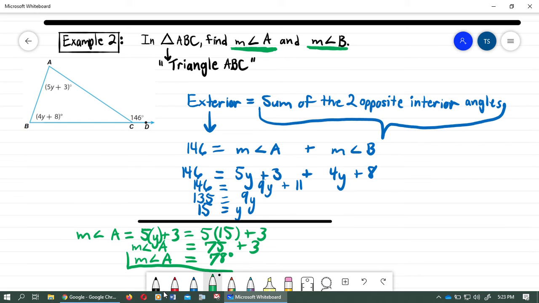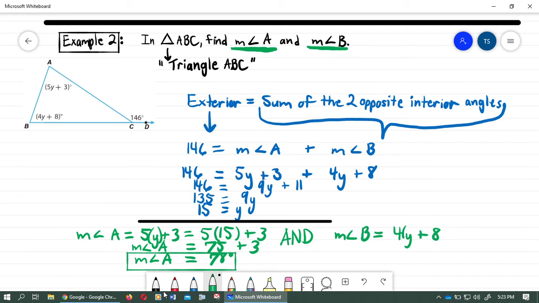Folks, we've got to do the same thing to find the measure of angle B. We've got to plug in that value so we can find the measure of angle B. So the variable expression for the measure of angle B was 4y plus 8.